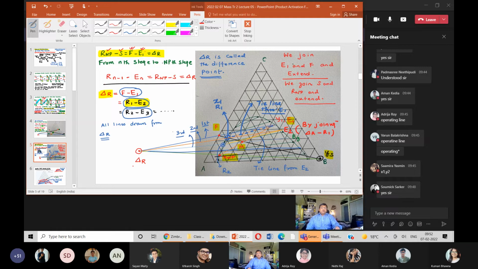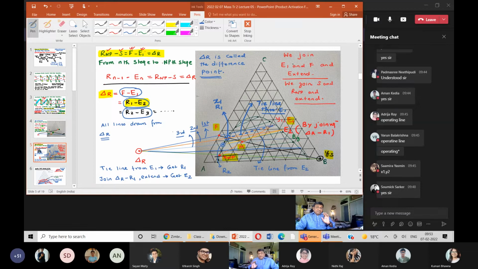So the first thing we do is draw a tie line from E1, get R1, join delta R, R1, extend, get E2. And the cascade continues like this.